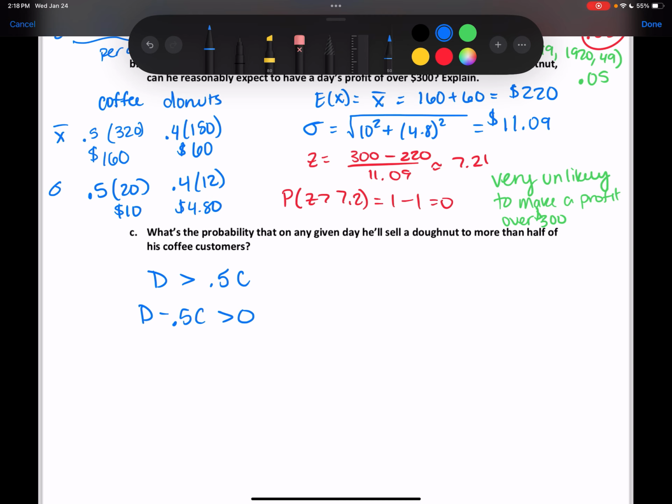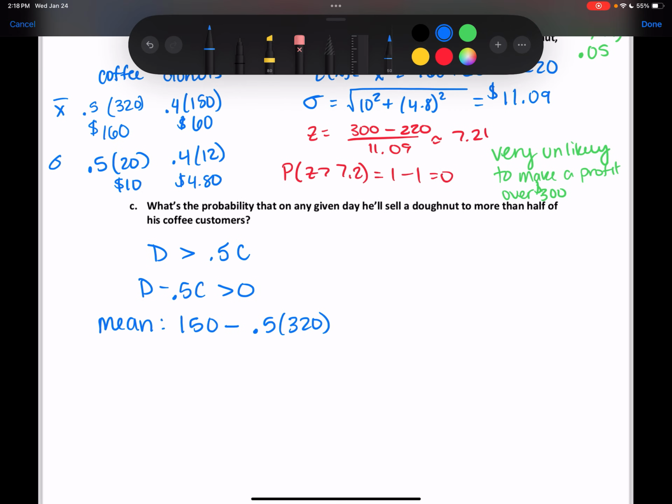The mean for this is going to have to be 150, because that's how many donuts he sells on average, minus half of 320, so 150 minus 160, which is negative 10.